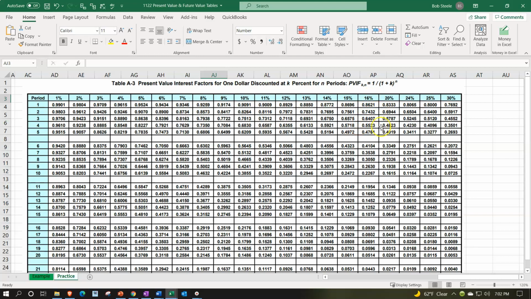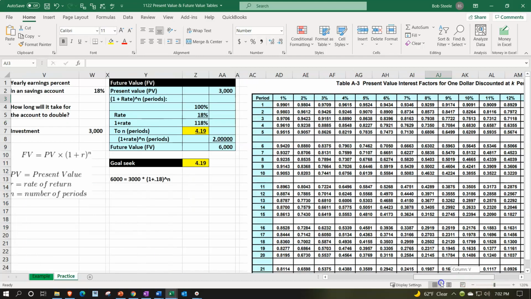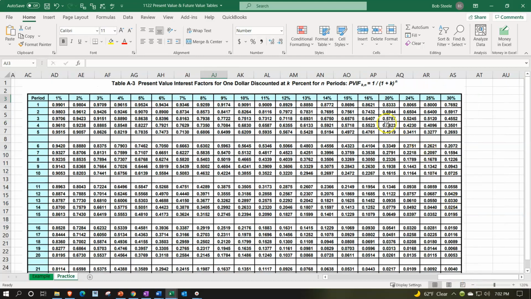And then if I jump up to column 20, because our number is actually 18, then it's going to happen sometime between period 3 and period 4. And so the actual answer is going to be right here in between period 4 and period 5. It was actually 4.19. And that's how you can basically estimate this item over here, and then come over here and say it's between period 4 and period 5.